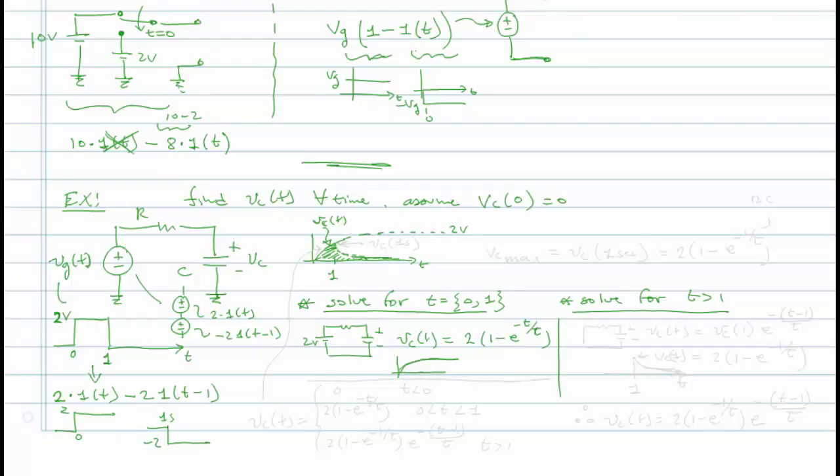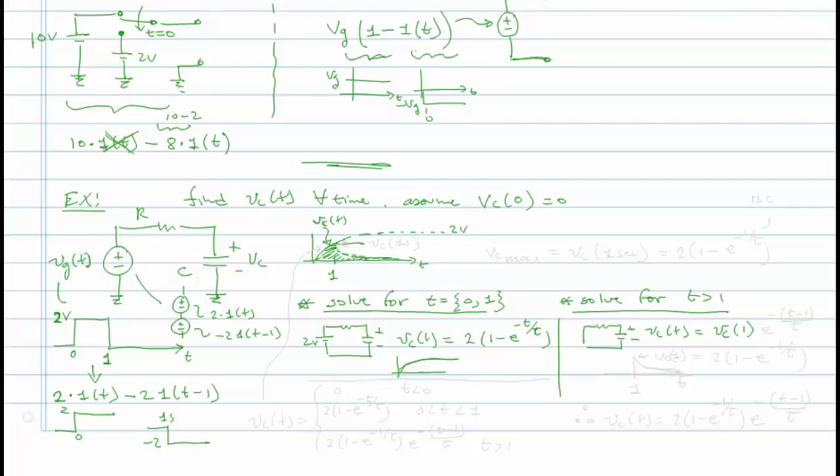And then for time greater than 1, the circuit that we have is just an RC. So VC of t is going to be equal to the voltage at 1 second. That will be the initial condition for this circuit now. We have charged it for 1 second, and the capacitor voltage has reached some value.